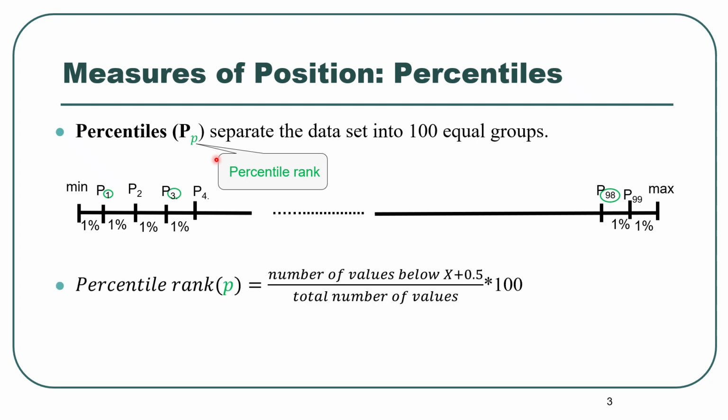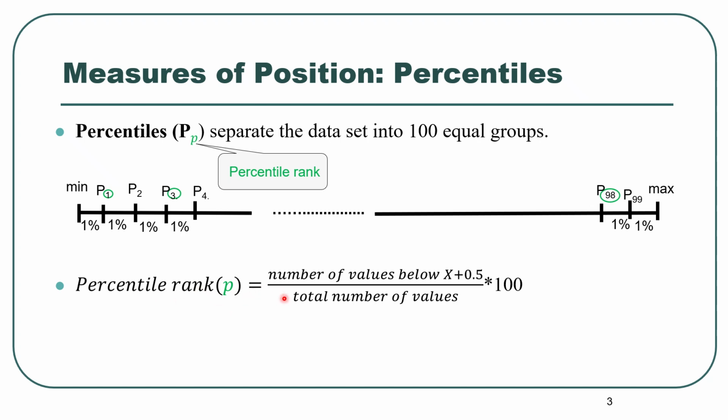The percentile corresponding to a given data value x is computed as follows. If I have a specific value, we call it x, and I want to know which percentile x is representing, or what is the rank of that x in terms of percentile, then I'm going to use this rule.